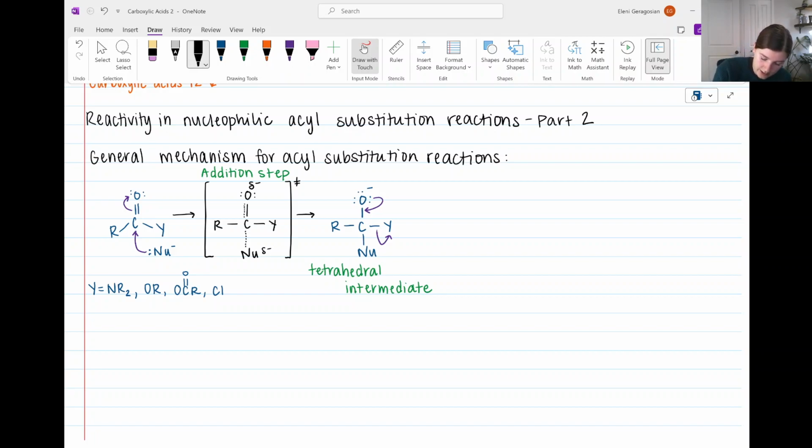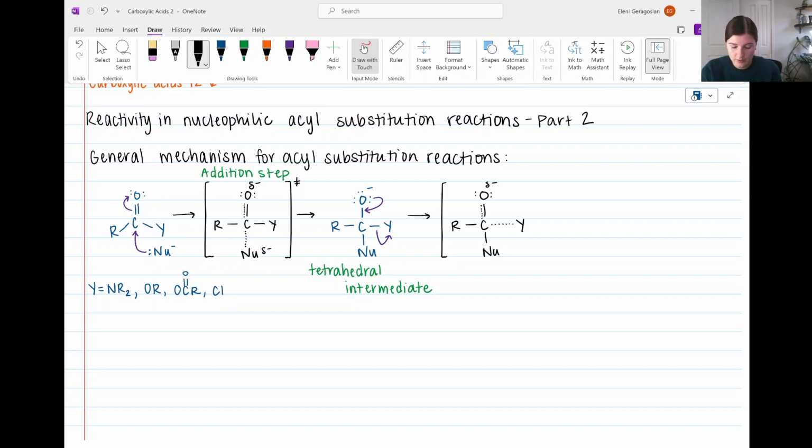So the transition state here for the elimination step: the R group to carbon isn't changing, the single bond between carbon and oxygen is not changing, but a double bond is forming, so we have a partial bond shown there. Oxygen will have a partial negative charge. The carbon to Y bond is breaking, so now that is a dotted line. And the carbon to the nucleophile bond is not changing, so that will remain the same.